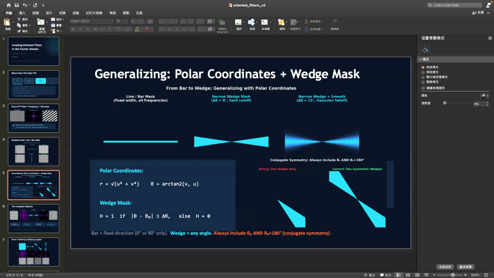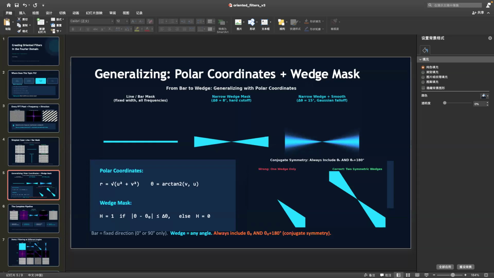The next step is, what if I want to select a filter at an arbitrary direction, like 45 degrees or 37 degrees? The solution is to think in polar coordinates instead of describing each frequency point as x and y in Cartesian. We should describe it as r, the distance from the center, and theta, the angle.